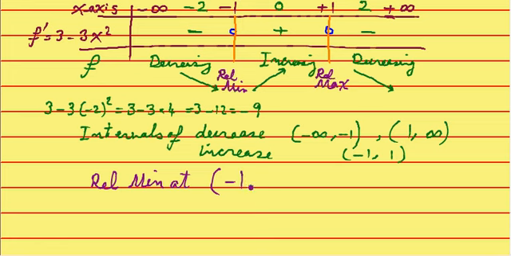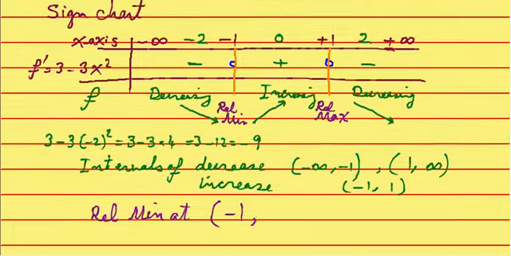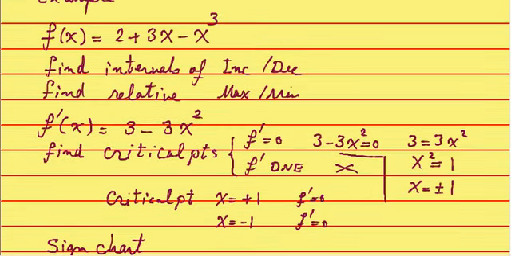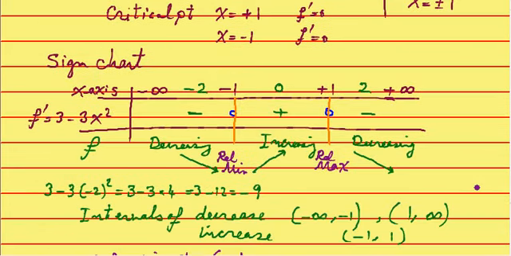sometimes the x value is enough, sometimes we are asked for more than that. Remember our function, maybe we write the function itself here so we don't forget. f was 2 plus 3x minus x cubed.